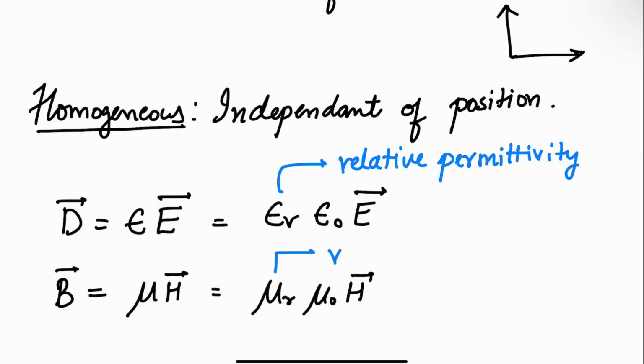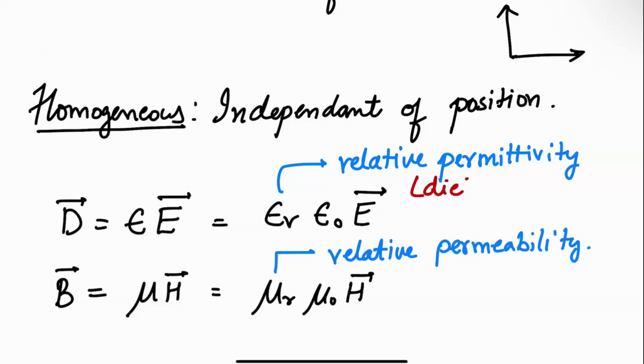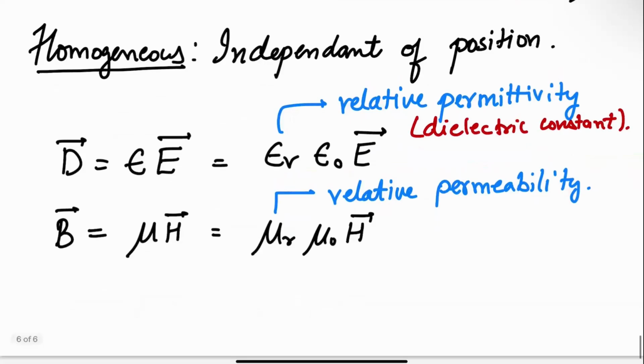Mu R is the relative permeability of the medium. So sometimes the relative permittivity is also called the dielectric constant.